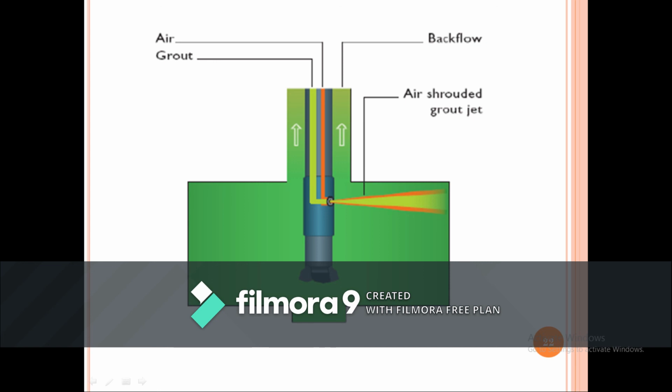Everything remains the same, but because the air is being added, you will have more consolidation and compaction in this. So that is the main use of the double direct process. Now let us go to the next process, the triple separation process, and how it will be done on the site.